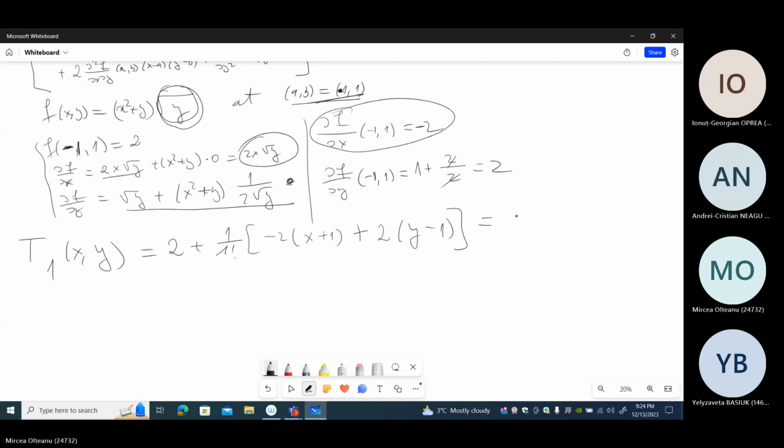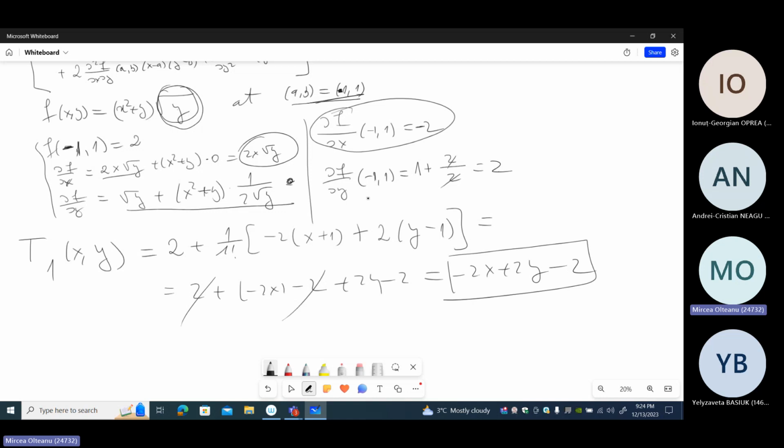We can write it, for example, 2 plus (-2x minus 2) plus (2y minus 2), which means minus 2x plus 2y minus 2. This is the linear approximation of the function f written here around the point -1, 1.